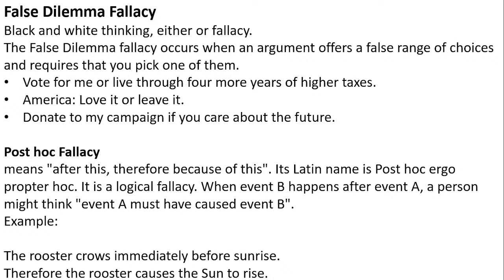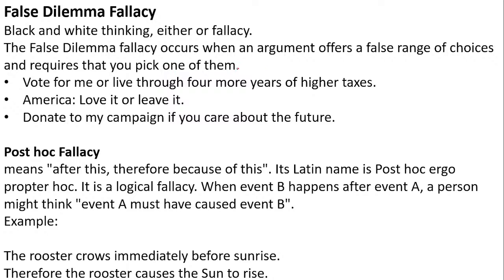Next is false dilemma fallacy. So false dilemma fallacy is the black and white fallacy or either-or fallacy. Here what happens is, the false dilemma fallacy occurs when an argument offers a false range of choices and requires that you pick one of them.